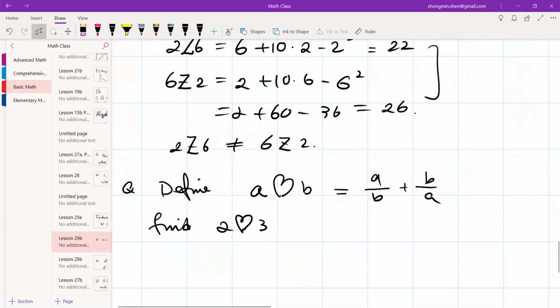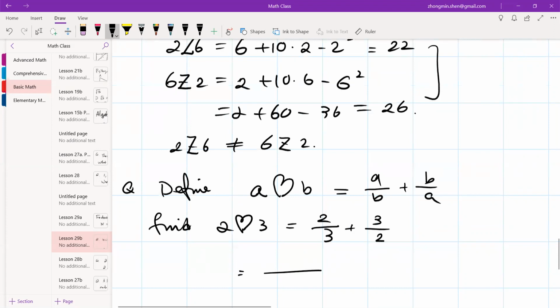Can you do that? According to the definition, it's going to be 2 over 3 plus 3 over 2.